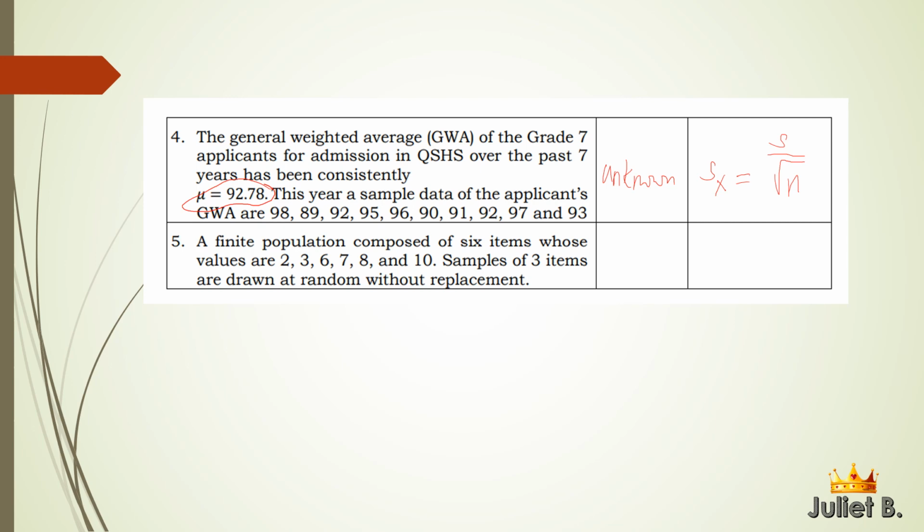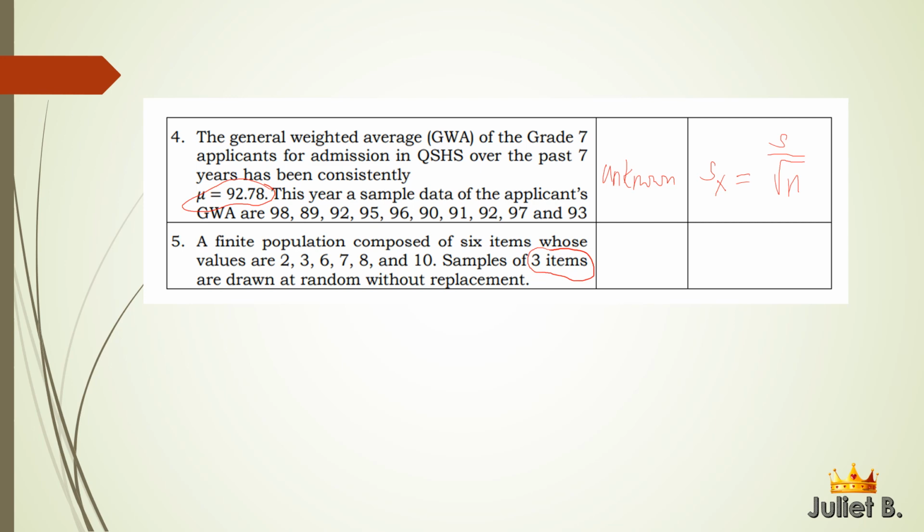Number 5, a finite population composed of 6 items whose values are 2, 3, 6, 7, 8, and 10. Samples of 3 are drawn at random without replacement. So, meron tayong 6 populations and samples of 3. Although hindi talaga given yung mean at saka variance, pero pwede nating i-compute.